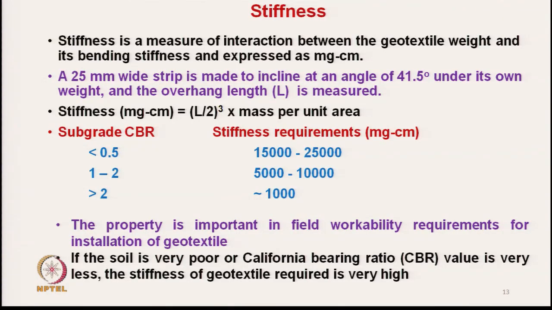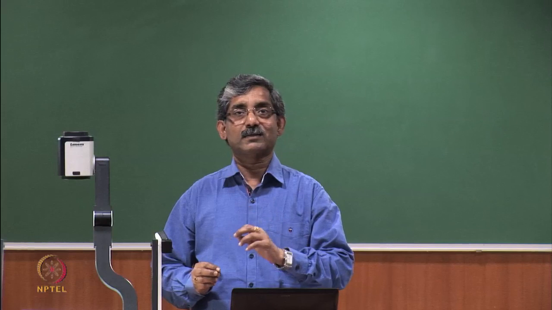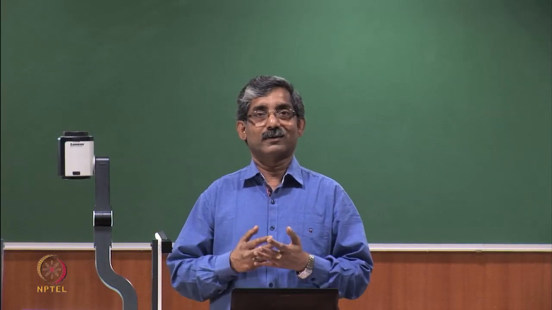Next important physical characteristic is the stiffness. What is that? Stiffness is a measure of interaction between the geotextile mass and the bending stiffness, and it is expressed in terms of milligram centimeter. So, the bending stiffness and mass of geotextiles are both incorporated.